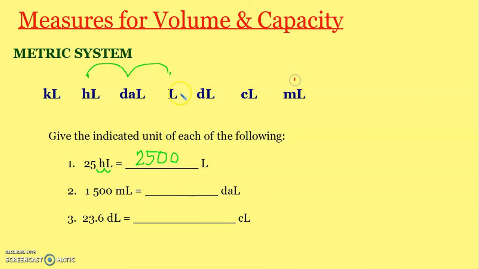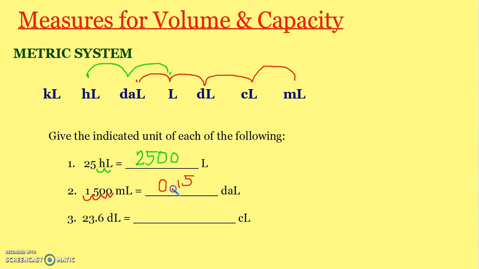Sunod. 1,500 milliliters to be converted into decaliters. Milli to deca. Ayun, medyo malayo. We count the number of jumps. 1, 2, 3, 4. This time we take the left direction. Mula dito, 4 pa kaliwa. 1, 2, 3, 4. Kaya si 1,500 ay naging 0.15.